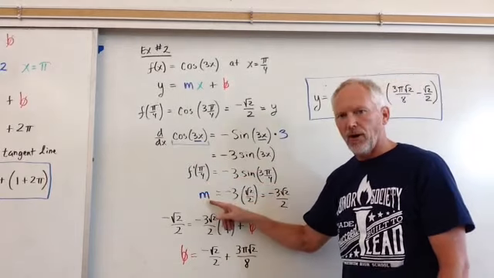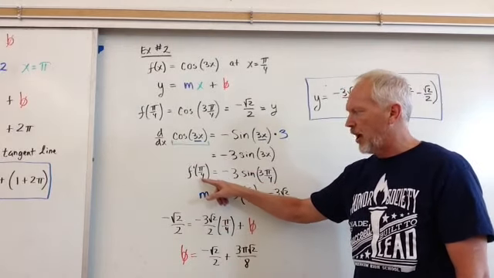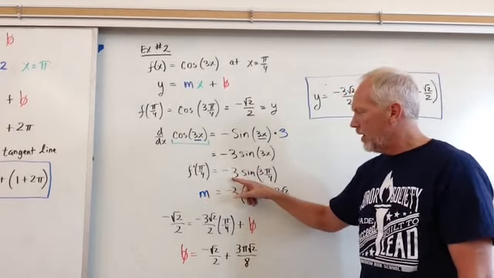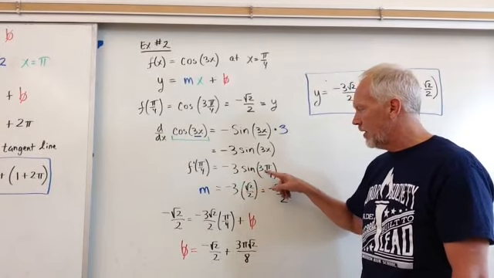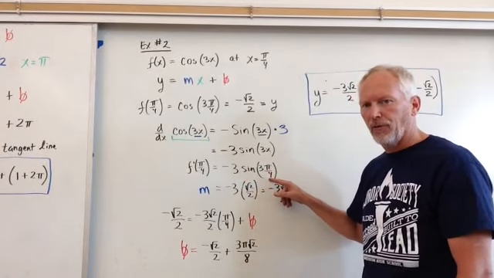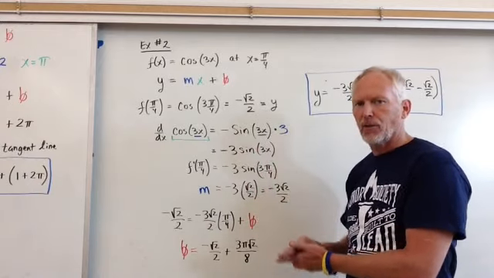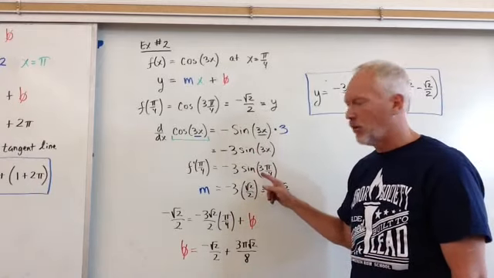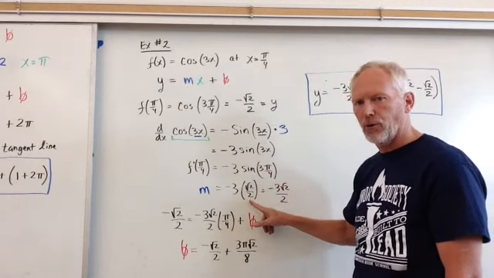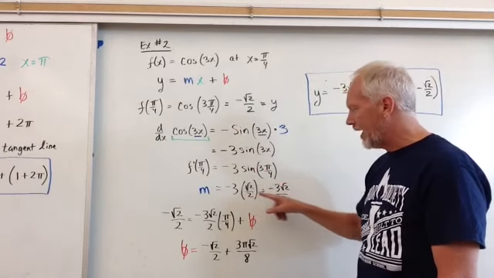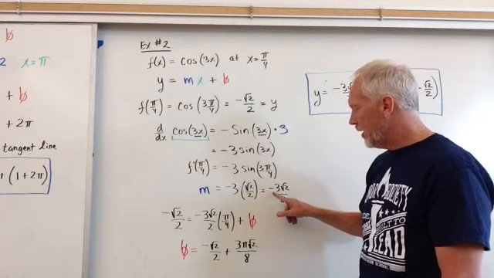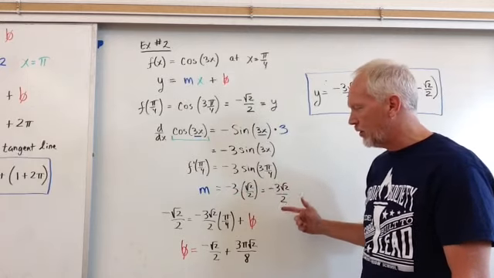So now to find our m value we take f prime of pi over 4, negative 3 times the sine of 3 pi over 4. Well, we just said that it's in quadrant 2. So, if you recall, sine is positive in quadrant 2, so we get a positive root 2 over 2. So we get negative 3 root 2 over 2.